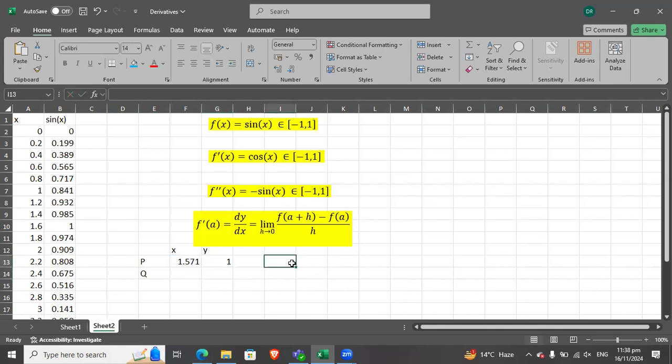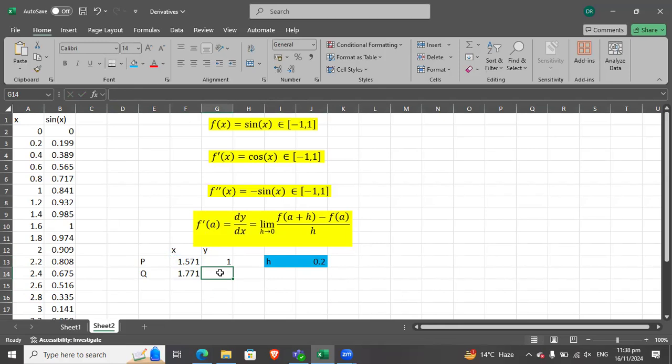And I define the Q point some h units further from P. So this is P plus the h value. So I'm keeping h in my control.